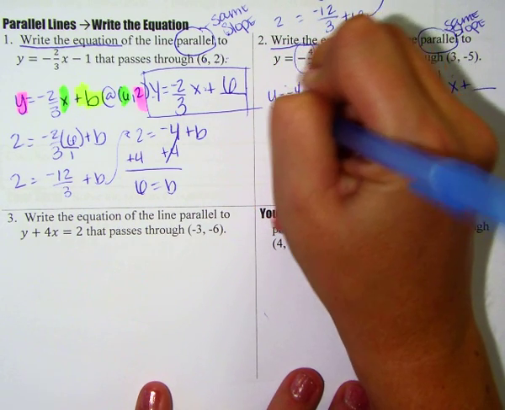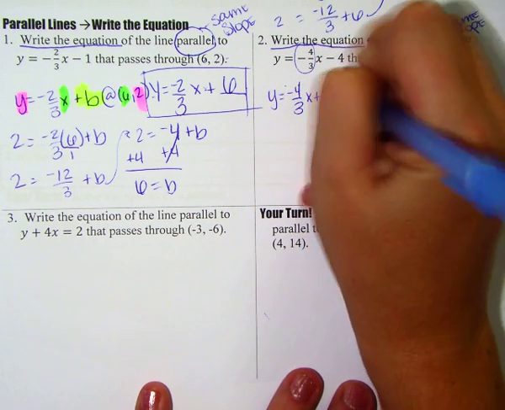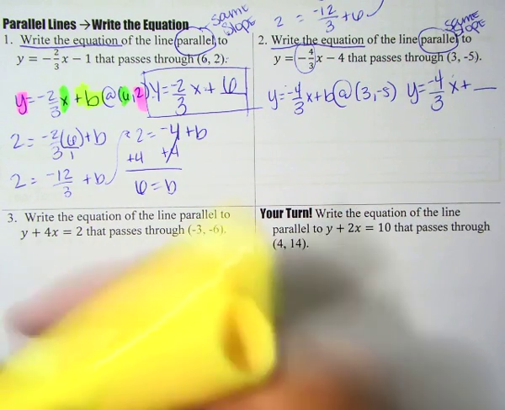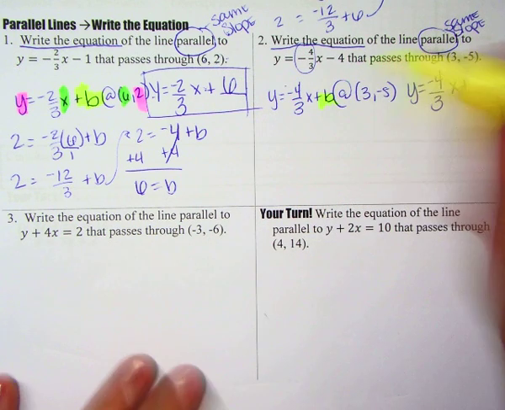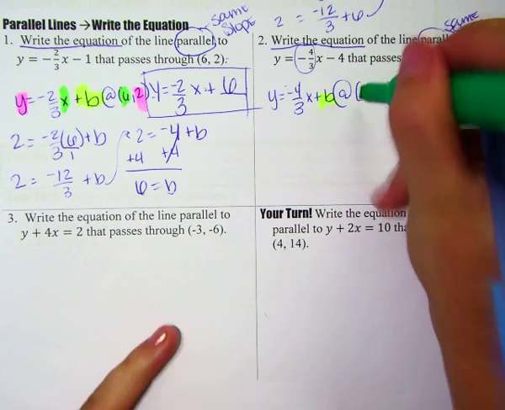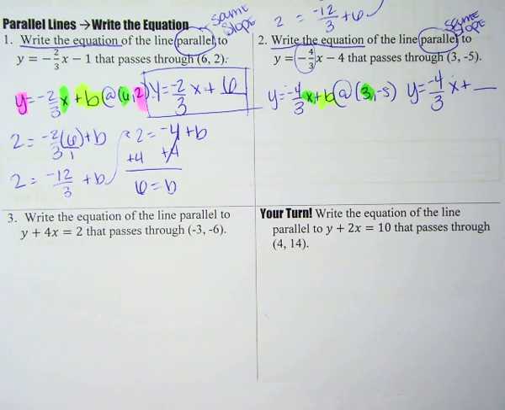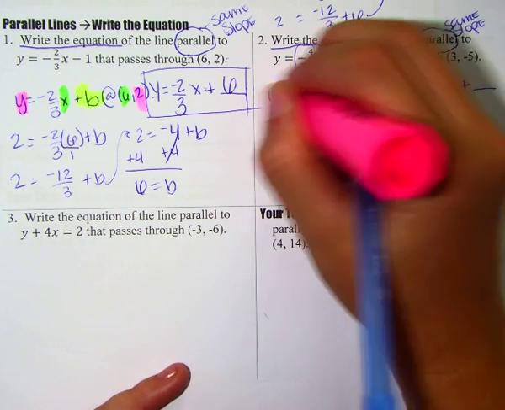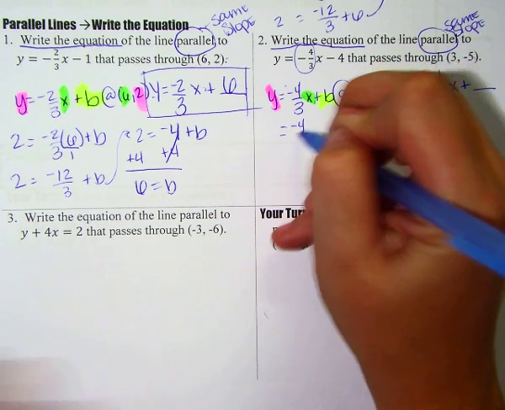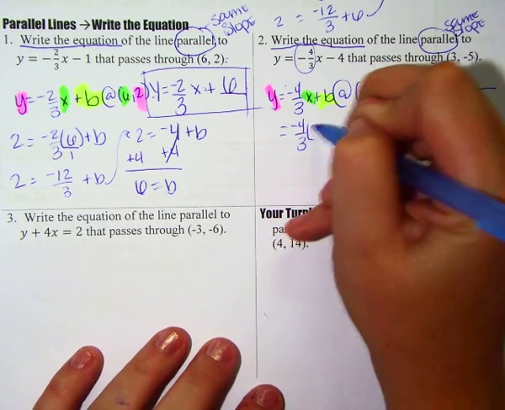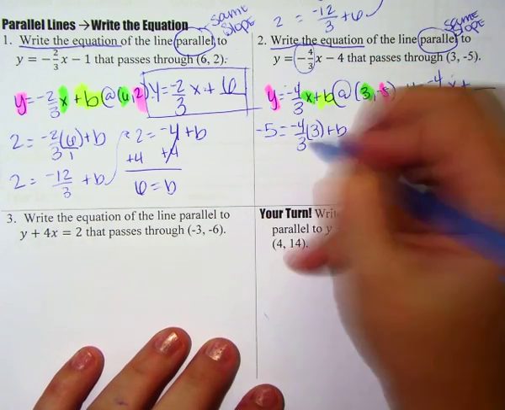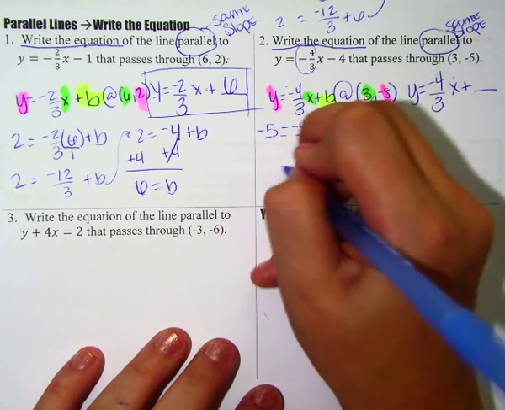So to do that, I'm going to solve for it by substituting in the solution. Again, I don't know my y-intercept. That's what I'm solving for. Everywhere that I see an x, I'm going to put a 3. Everywhere that I see a y, I'm going to put a negative 5. This becomes, here we go, we'll put the 3 over 1, multiply straight across.